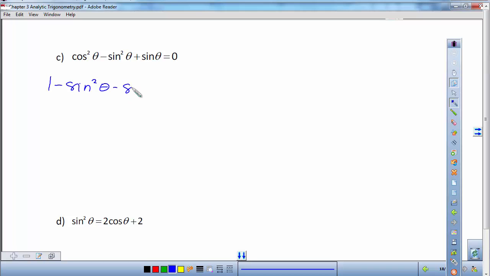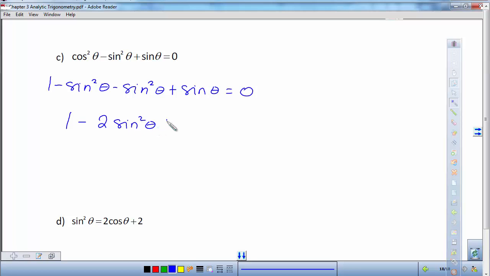Okay, and then we've got minus sine squared theta plus sine theta equals 0. All right, and so we get 1 minus 2 sine squared theta plus sine theta equals 0. Usually we want to put these things in order of descending power. So I want that sine squared term to be first, and we prefer for that leading term to be positive.